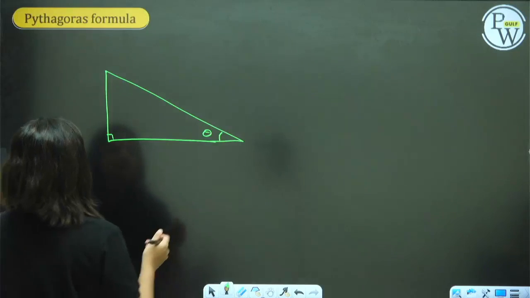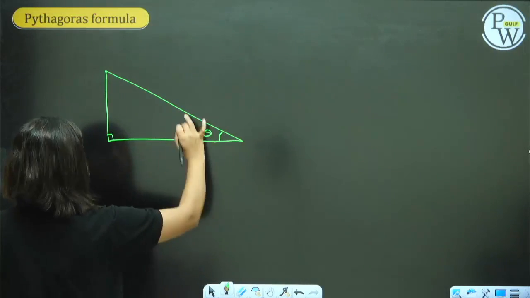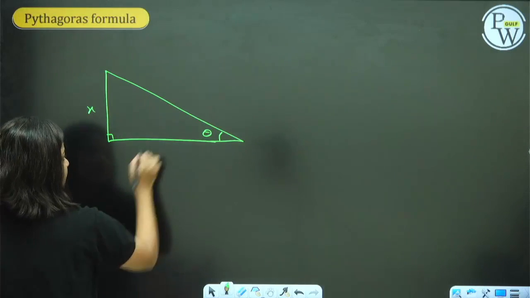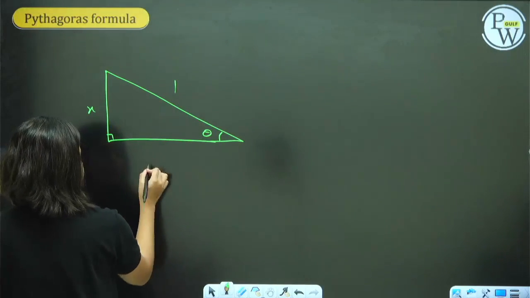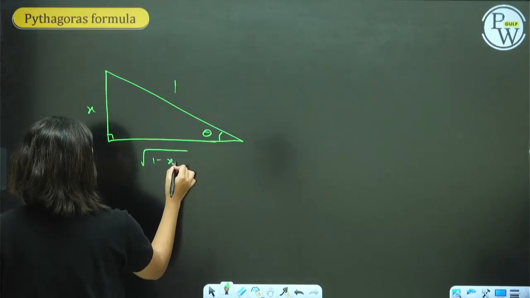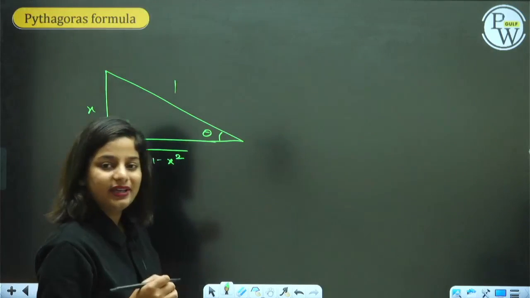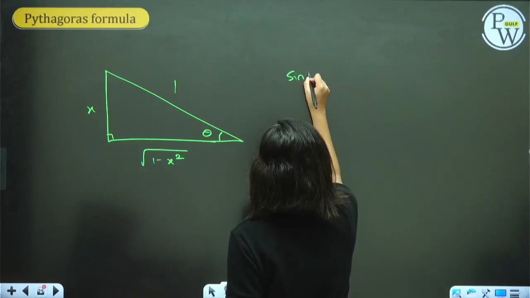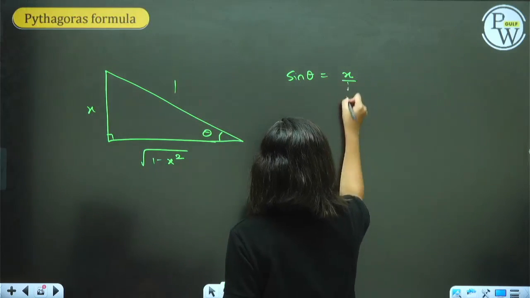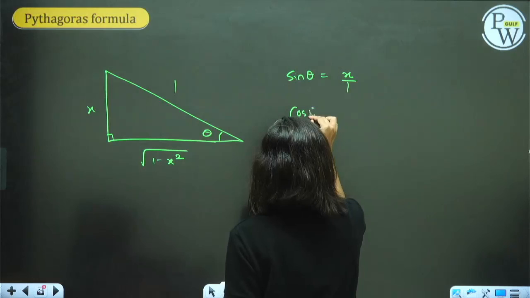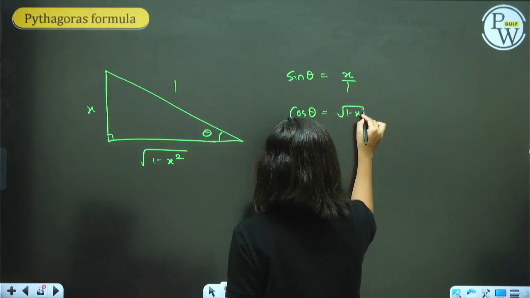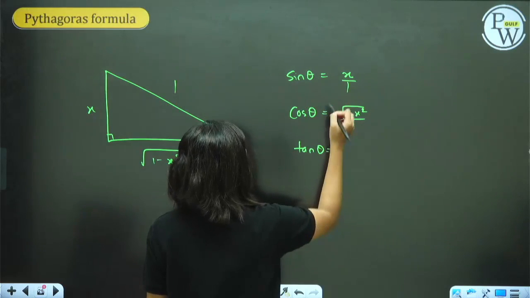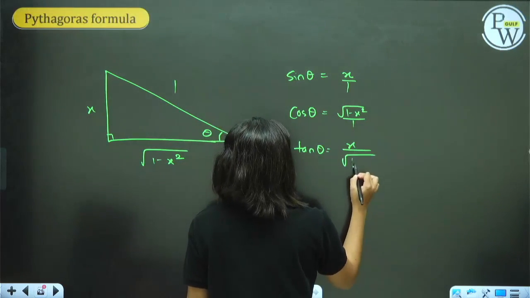Here we go. Suppose in this triangle, the side opposite to theta is x. Hypotenuse is 1. So what will be the adjacent side? Root of 1 minus x square. Do you get it? If sine of theta is x, then cos of theta will be root 1 minus x square upon 1, tan of theta will be x upon root 1 minus x square.